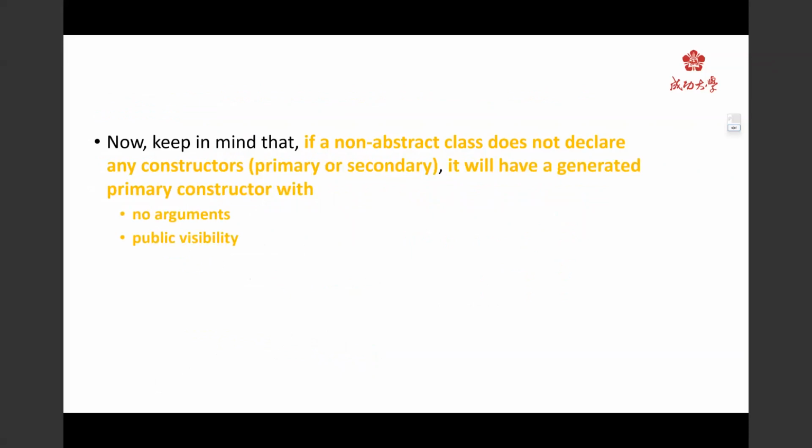And similar to C++ and Java, if you didn't define constructors for your class, neither primary nor secondary constructors, the compiler is going to automatically generate a primary constructor without any arguments and with public visibility.